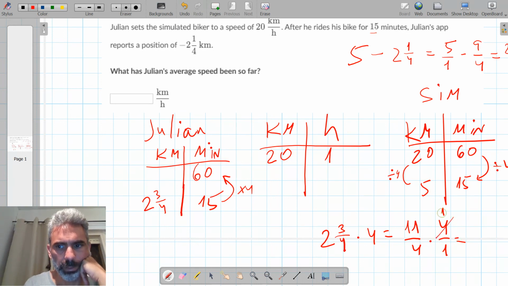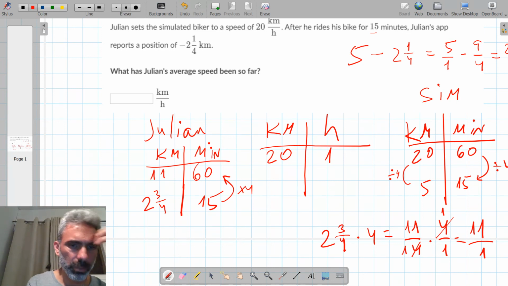This simplifies to 11/1. So Julian travels 11 kilometers per 60 minutes. 60 minutes is 1 hour. So Julian travels at a speed of 11 kilometers per hour.